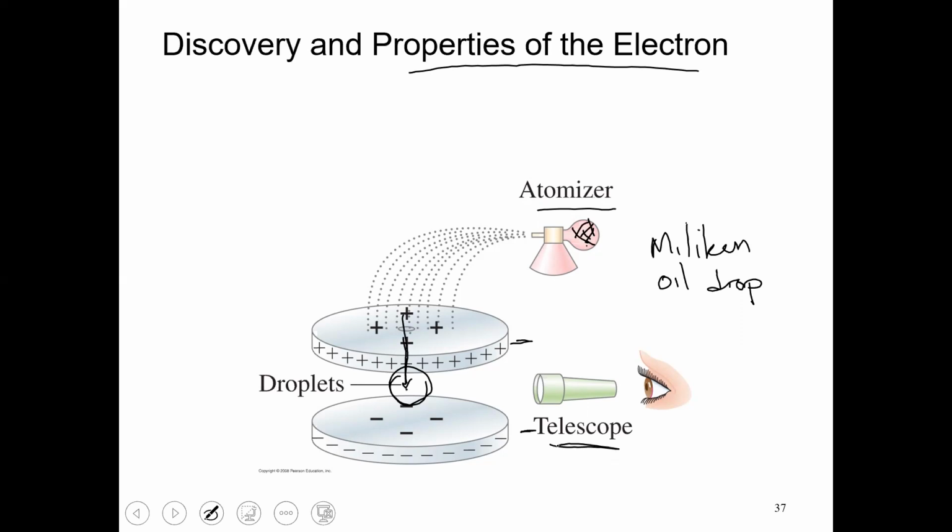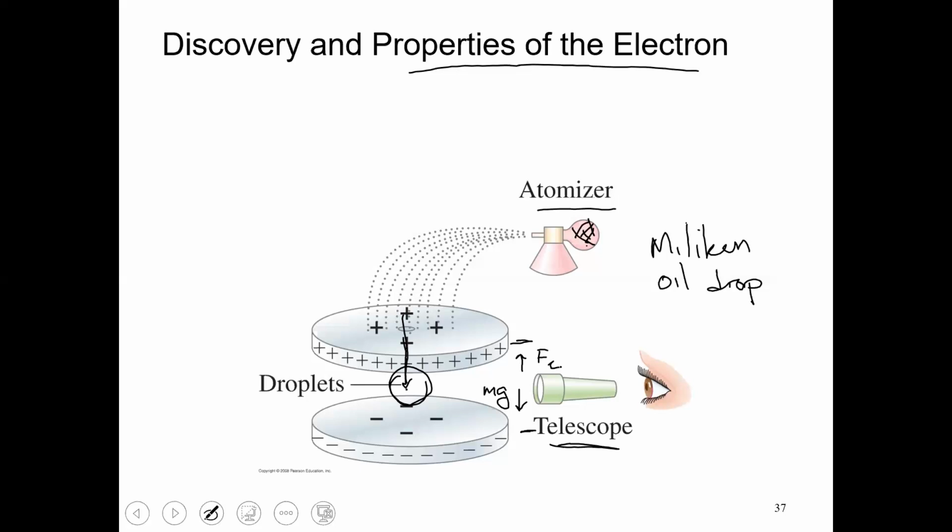This telescope is helping you see them suspended in midair, and you can calculate from the size of the drops and the strength of the field that you are basically balancing your electric force, the force of these charged particles in this electric field, against gravitational force.